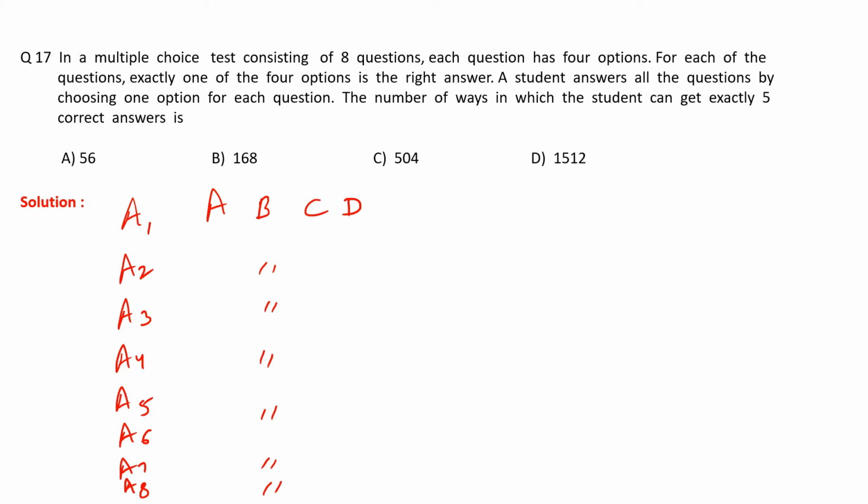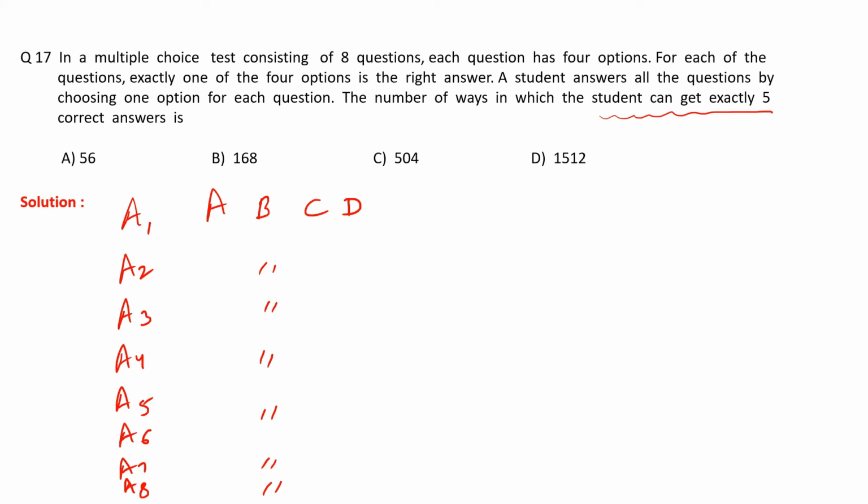Now, only one of the options for each of these questions is correct. And the student has to attempt all the questions and he has to answer only 5 questions correctly. That means 3 questions he is going to answer wrongly. 5 right answers and 3 wrong answers.